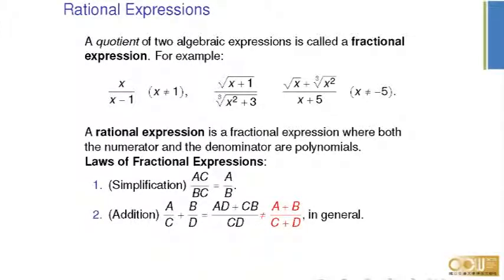Similarly for this one, we can eliminate the C quantity. It becomes B over D. So we use this identity.